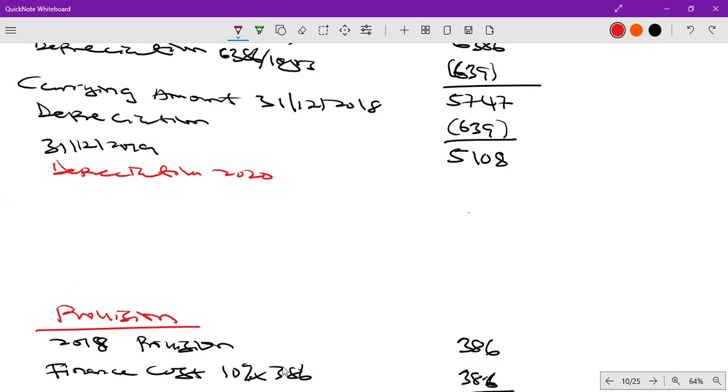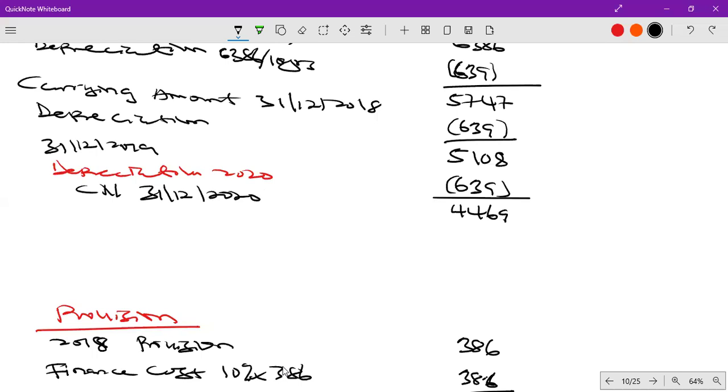It is the same, 639. What will be the carrying amount at the end of 2020? 4469. So this is the carrying value as at 31st December 2020.